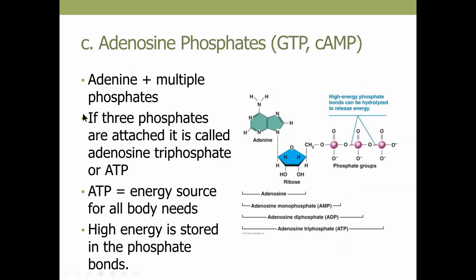Adenine phosphate, which we talk about as a nucleotide in DNA and RNA, if we add two more phosphates to it, we get adenine triphosphate, and that's ATP. That's the source of all the energy in the body.